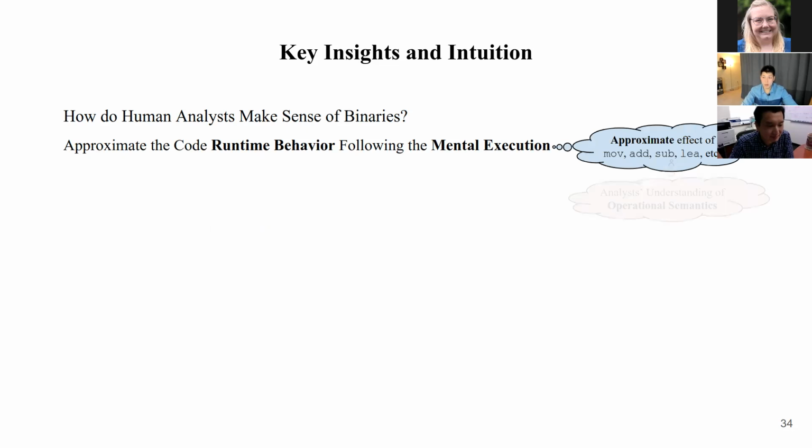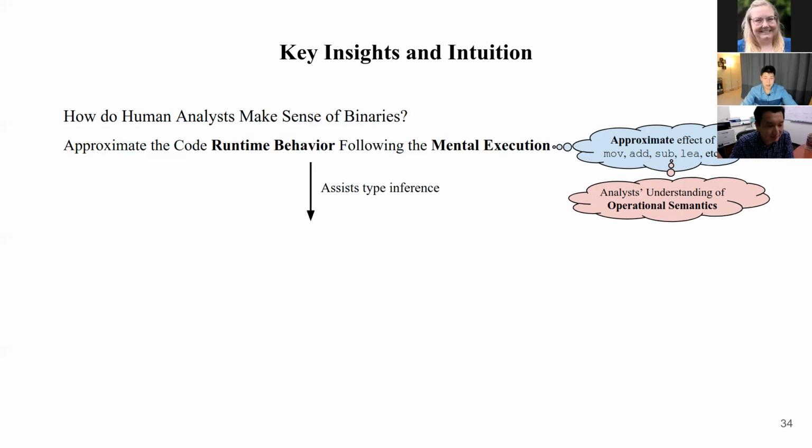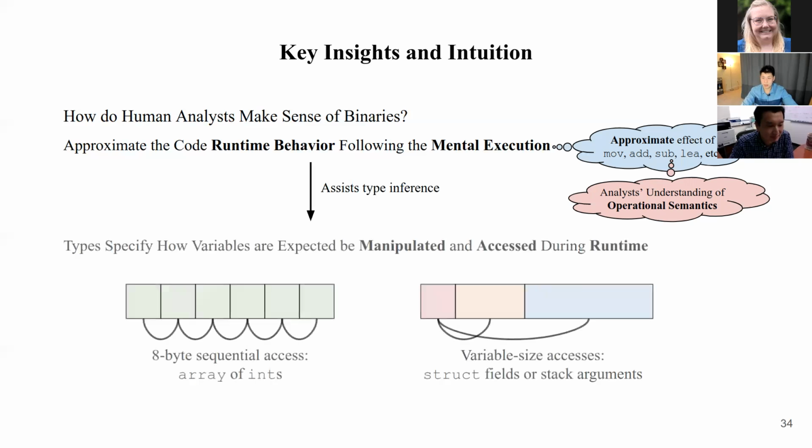They like to ask what would be the approximate effect after executing certain instructions. Such mental execution often requires an understanding of the operational semantics of each instruction. And it turns out that this mental execution model is the key factor that supports the analyst in inferring types.